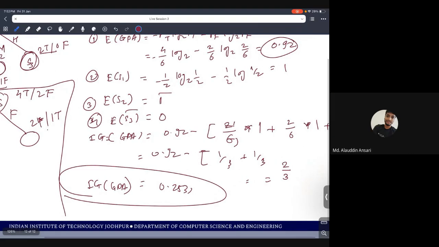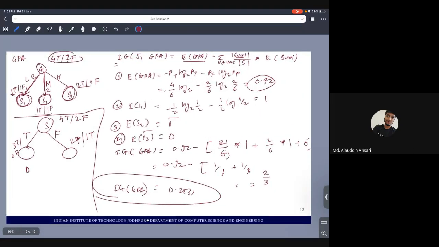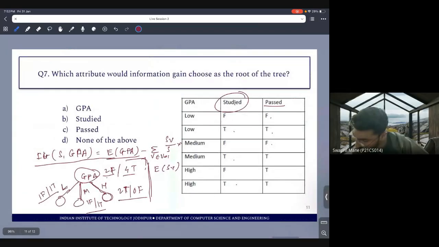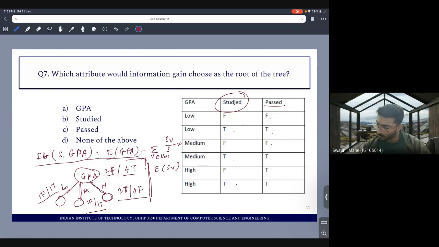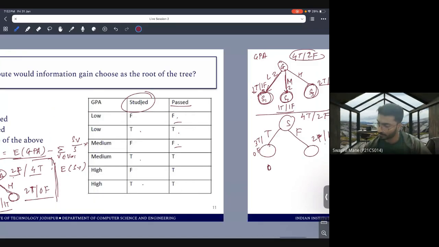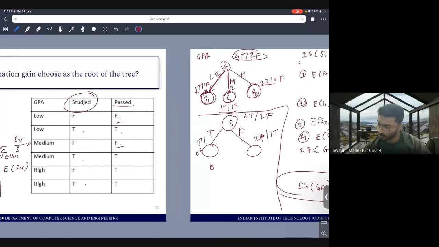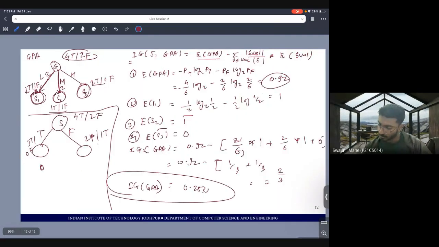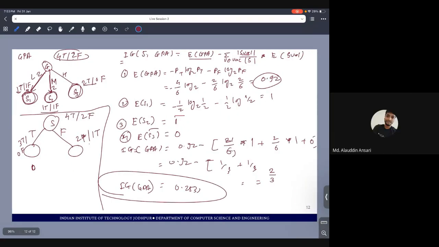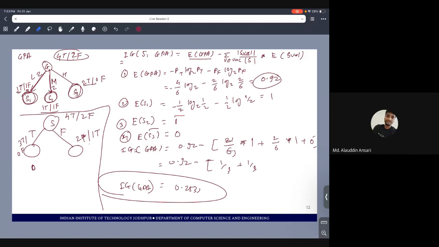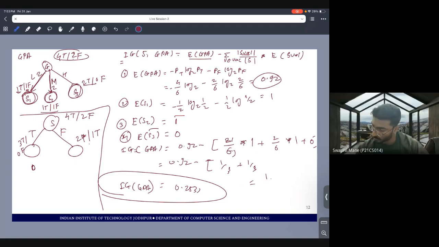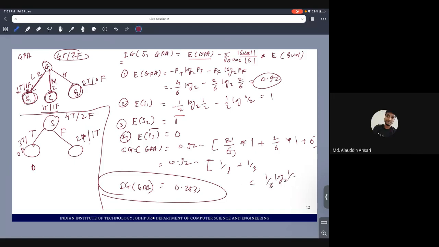With 1/3 we need to multiply the entropy for that node also, right? So first, 0.92 minus this part's entropy.